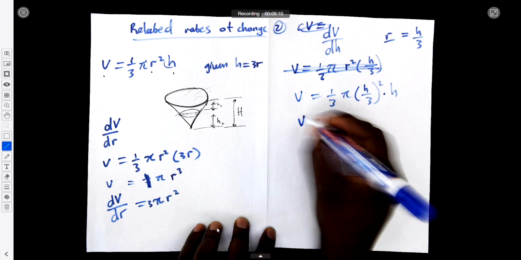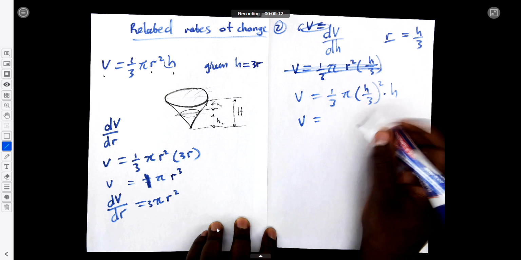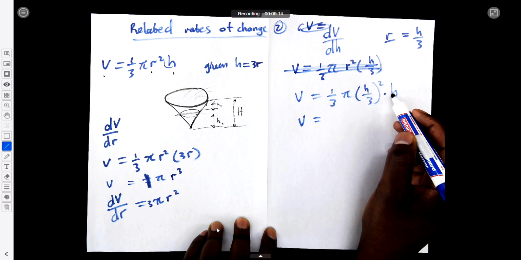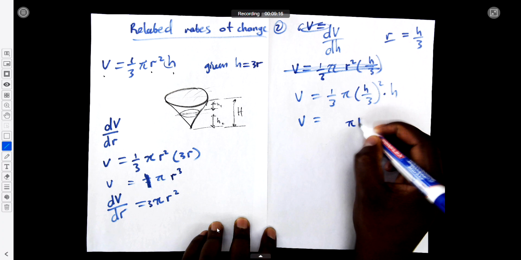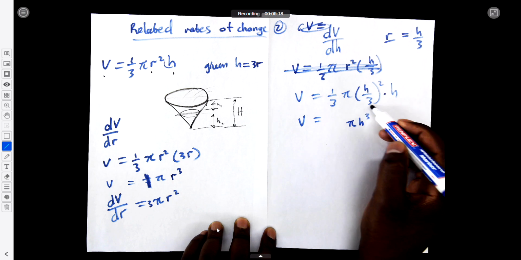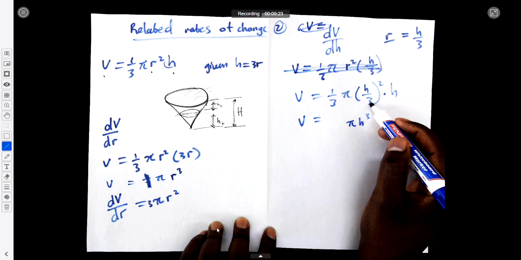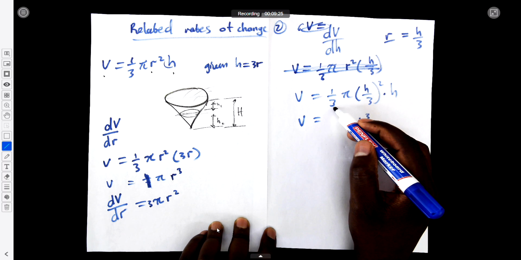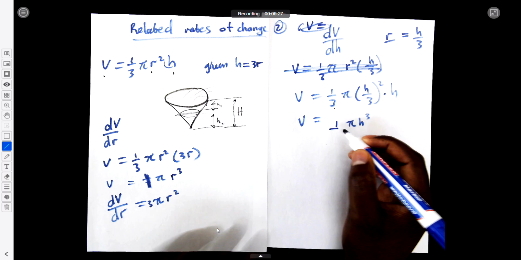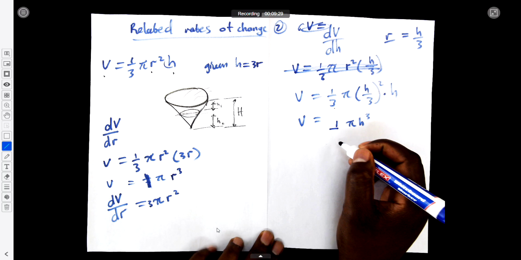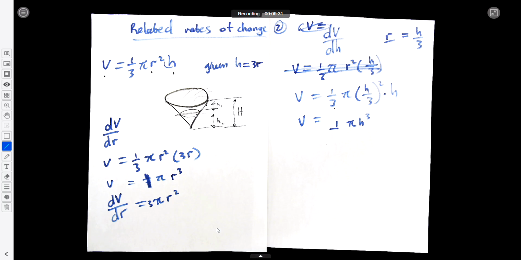But let's simplify into standard form. So I see I have H squared times H to give me H cubed. And then 3 squared is 9, isn't it? And I'm looking into times 3, it would be 1 over 3 times 9.